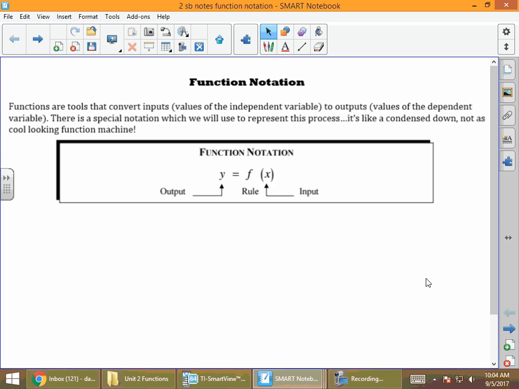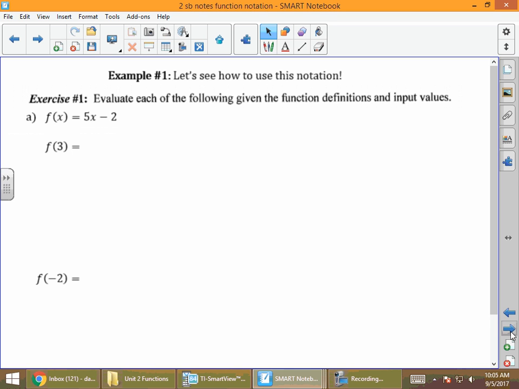And typically f of x, or g of x, or h of x are the most common, and that's what we're going to use today. And looking at the box here, that doesn't really necessarily tell you how to work with this. And so that's what we're going to spend probably the next 10 minutes or so talking about. So how do we use this notation?